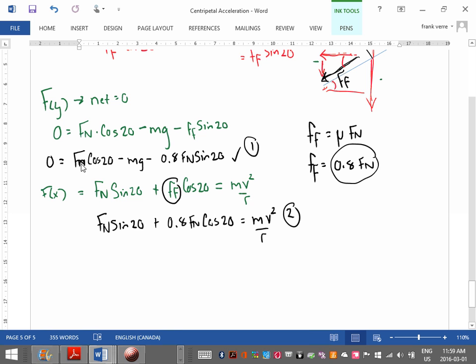So Fn cosine 20, so what's cosine 20? Times, so it's 0.94. I'm going to move the mg to the other side, okay? So I'm going to make equal to mg.